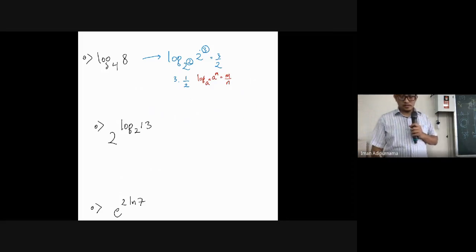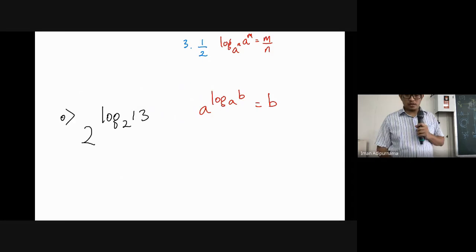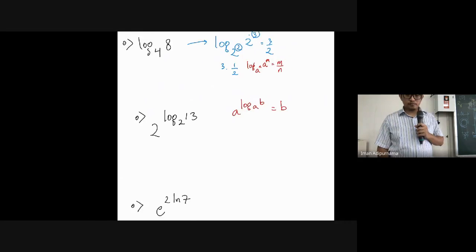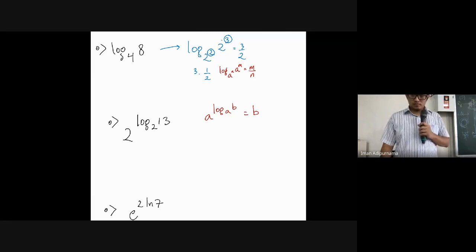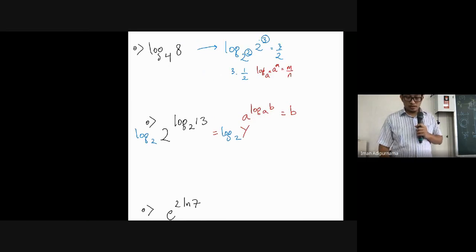Another one here. We can write some law here. A log a, this is b. The law says that we can write this as b if you have the same a, okay, the same base with the indexes. Can you prove it? Maybe the way I prove will be like this. It's equal to y. And let me write log base of 2, log base of 2.